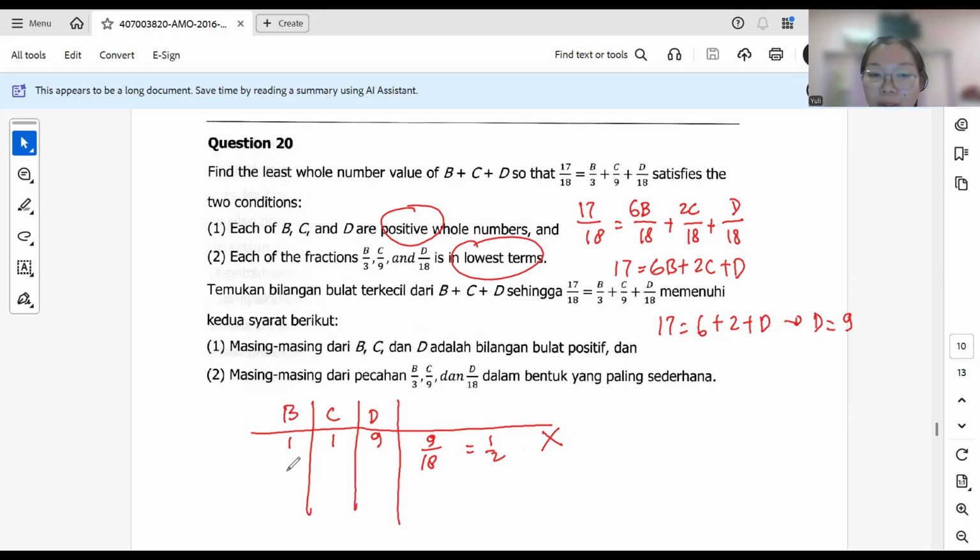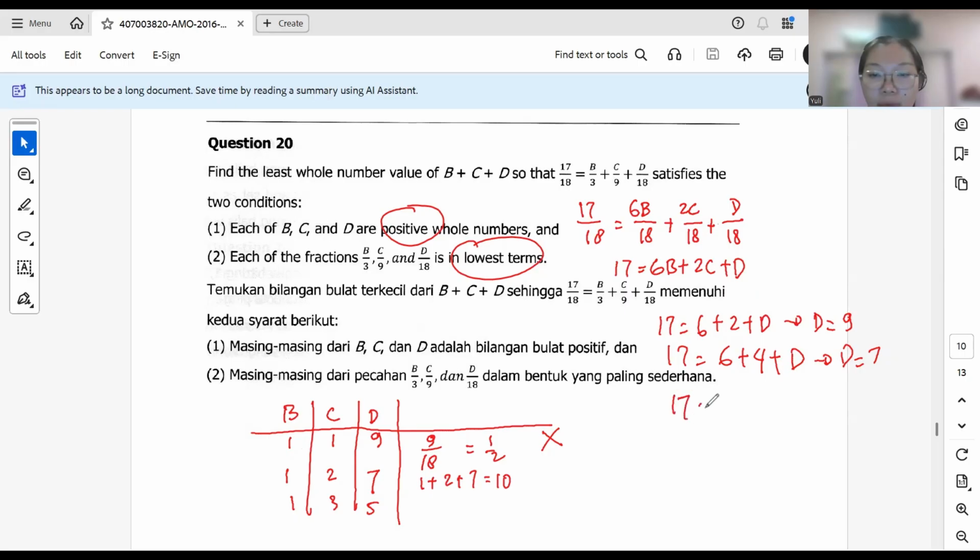You keep doing this, 1, and then you try 2, and then the D you will get 2 times 2, right? You will get 7. This is all in the lowest term, so you adding up everything, you get 10, and then keep going. Try another one. 1.